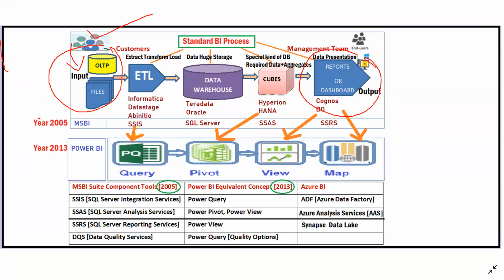That will be given to the management team, reports and dashboards. The process which you follow to convert your normal data into management analytical data is the BI process, given in the 90s.